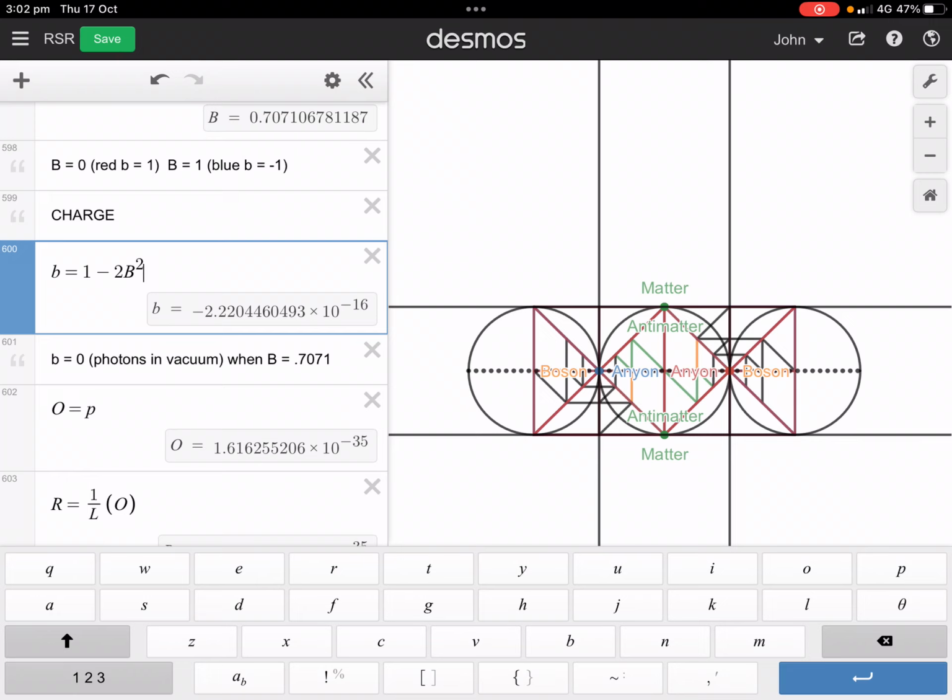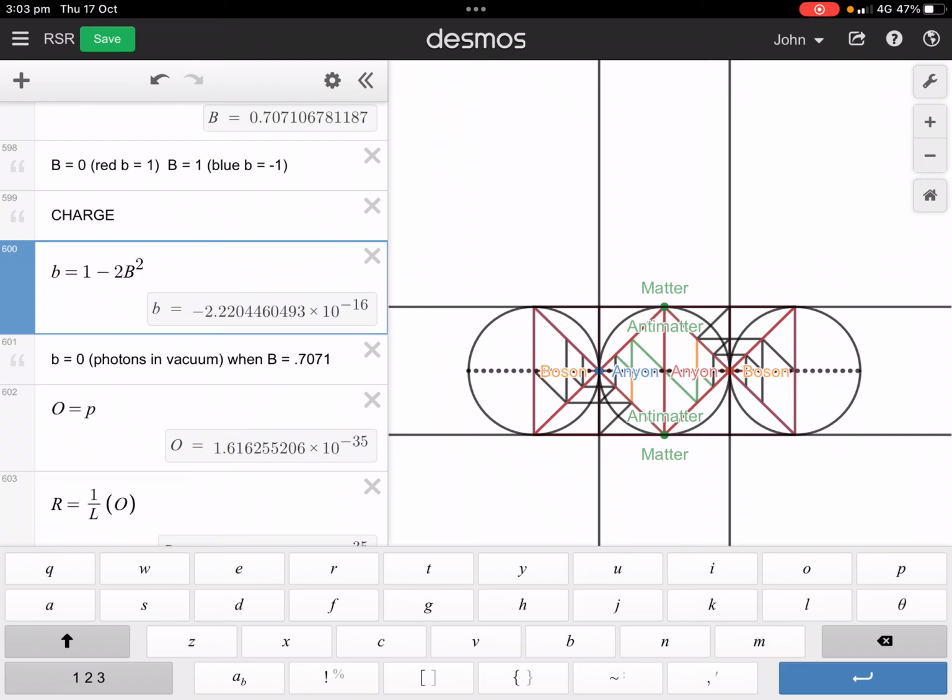So at the moment you can see that a photon travelling through the vacuum in the quantum realm on any axis in our 3D world has got a charge of 0.